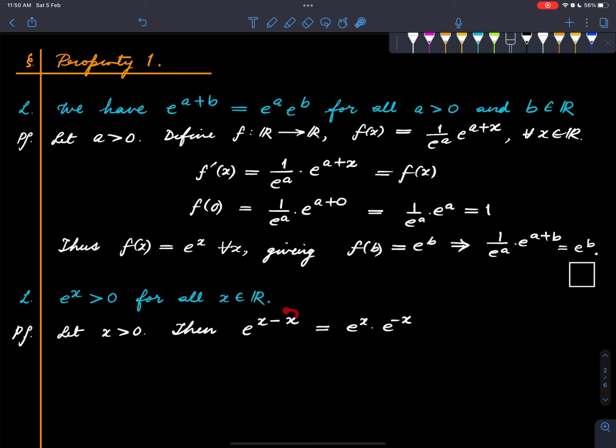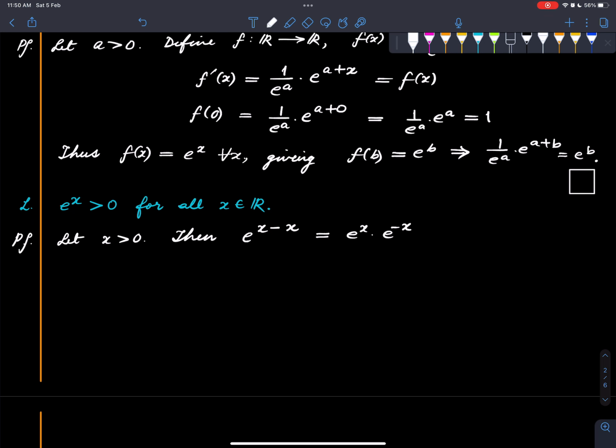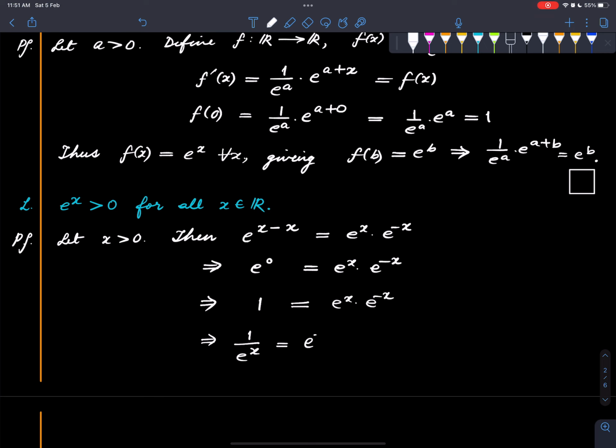So just treat this minus x as b and this as a, and you'll get that, which is equal to, okay, so which implies e to the 0 equals e to the x times e to the minus x, which implies, because the exponential function takes the value 1 at 0, 1 equals e to the x times e to the minus x, which implies 1 upon e to the x is e to the minus x, which implies e to the minus x is positive.